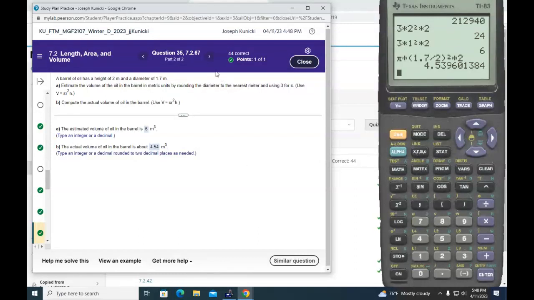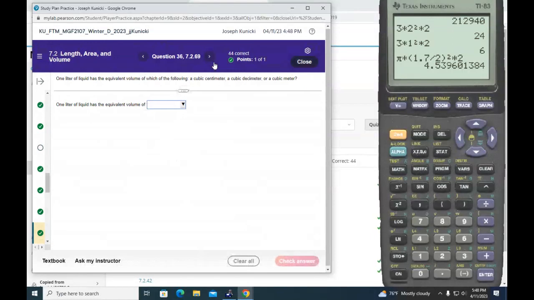All right, next one, 69. 1 liter of liquid has the equivalent volume of, as a guess, it wouldn't be a cubic meter, would it? And it wouldn't be a cubic centimeter. I thought it was the decimeter.